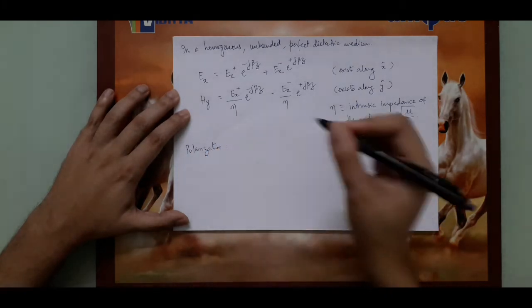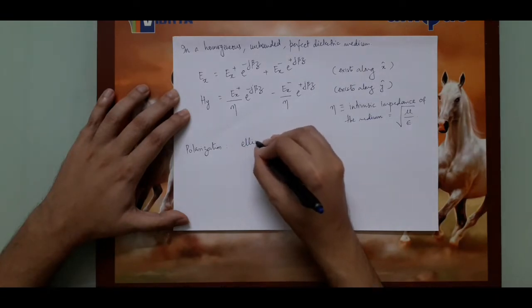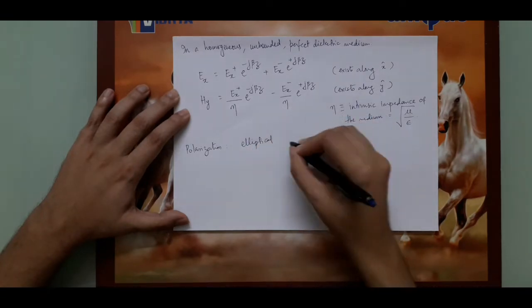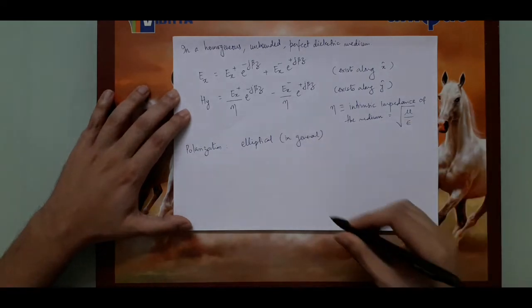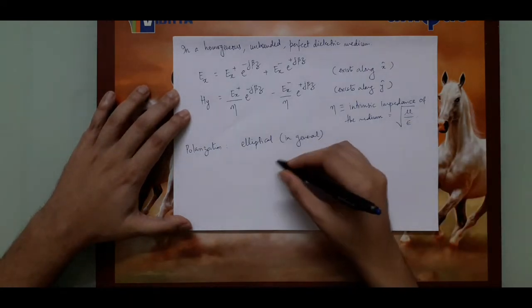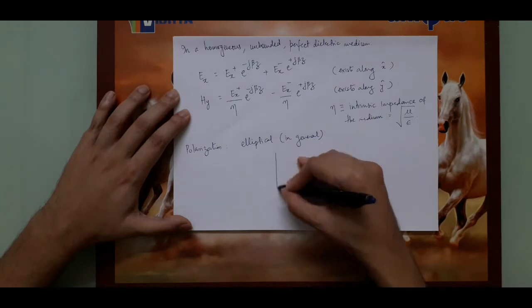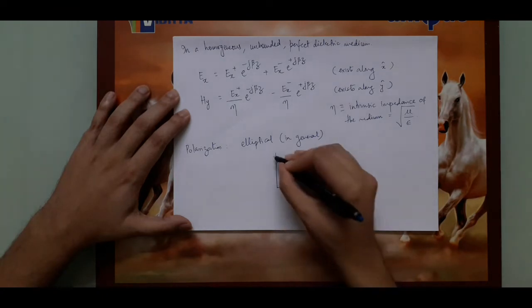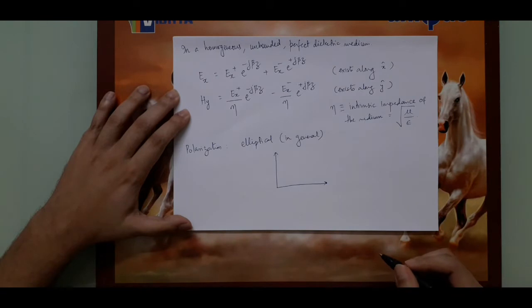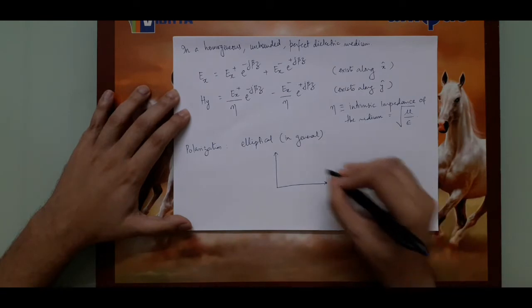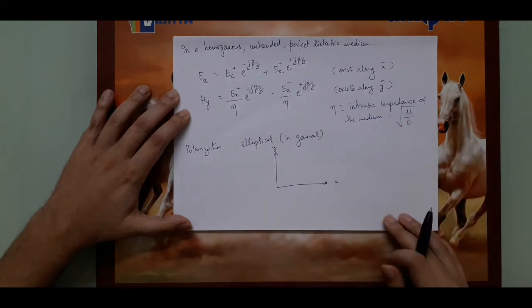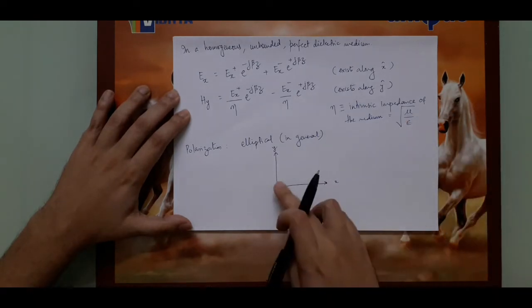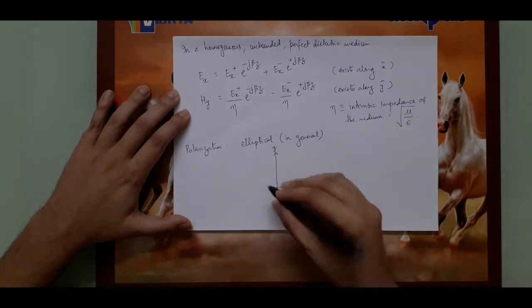So we can say that, let us say, if these are the axes and if this is the x-axis and this is the y-axis, the electric field vector exists on the xy plane, and if you assume that the wave is traveling along the z direction, so let's call this z.